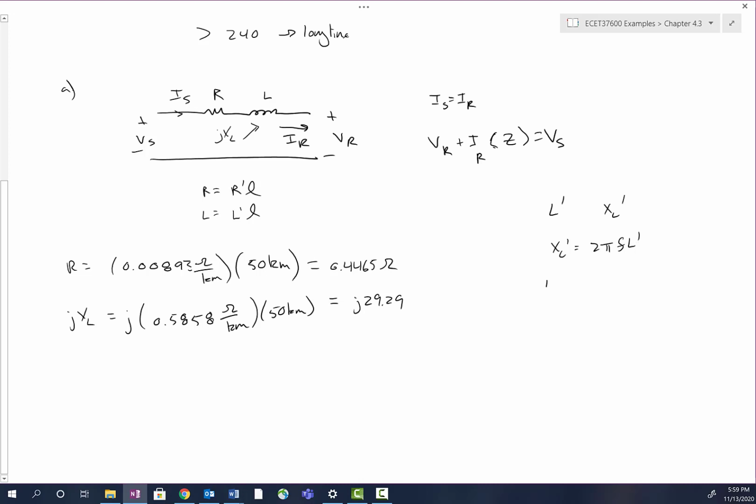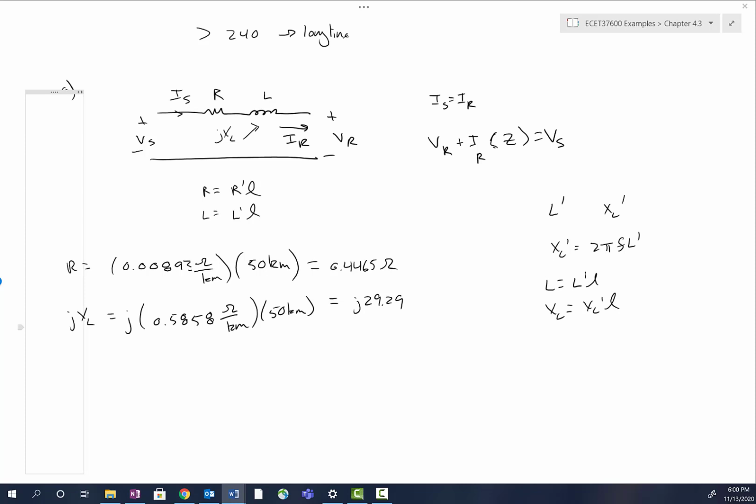And so L is equal to L prime times the length, and we can see that X sub L is just equal to X sub L prime times the length. That seems straightforward, but it becomes problematic later for the capacitance. So it was just a quick aside. I wanted to point out that everything I've done so far is correct from a distributed parameter model.